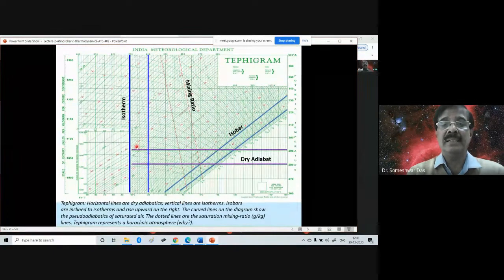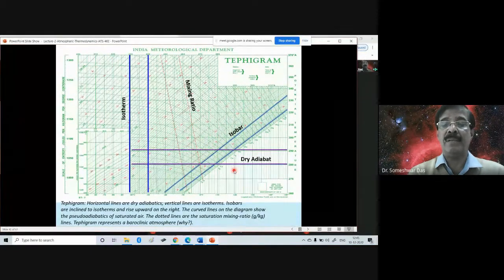Then the horizontal lines are the dry adiabats, that is, the lines of equal potential temperature. So you can see that the isotherms and the dry adiabats are perpendicular to each other, and this is very important, because if they are wide apart, then the profile of the atmosphere that you plot will be magnified and seen properly.